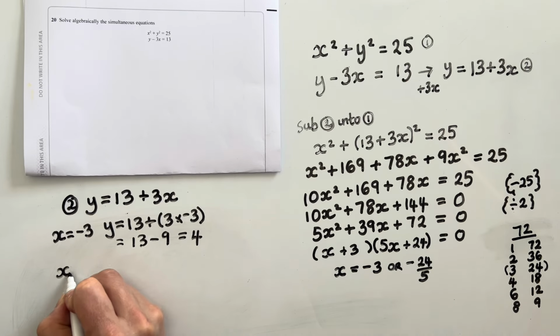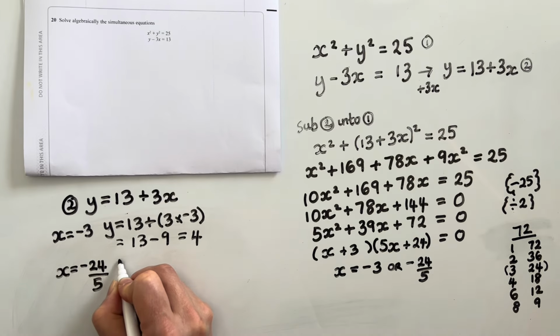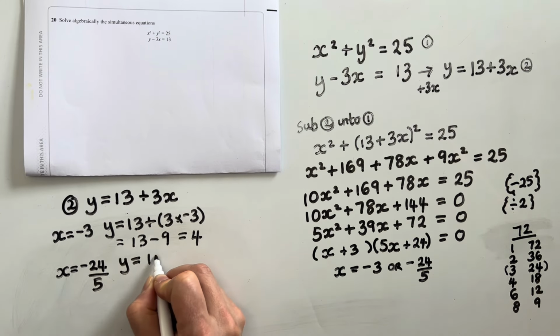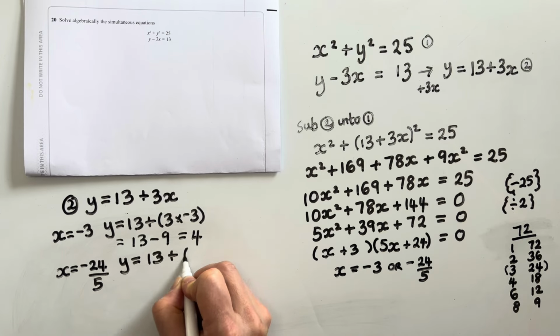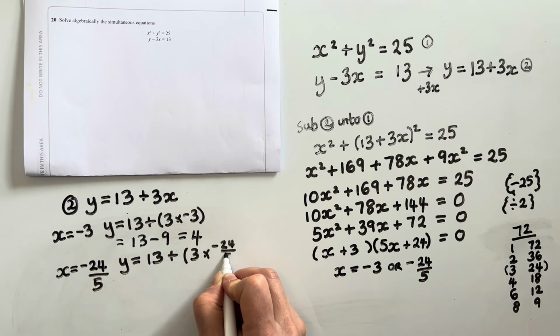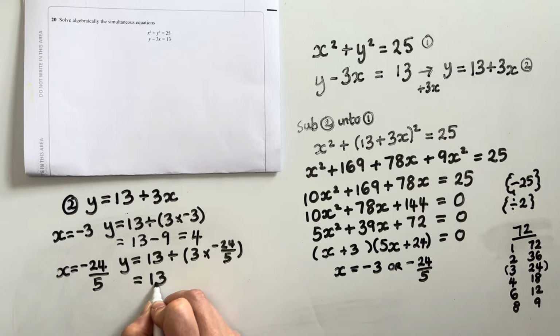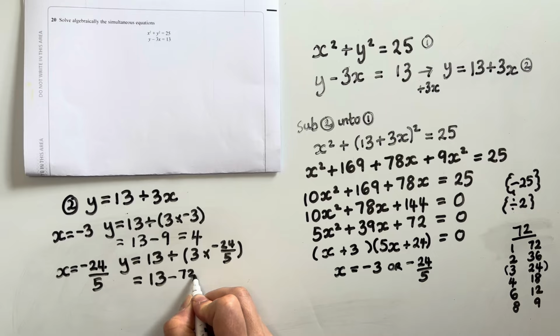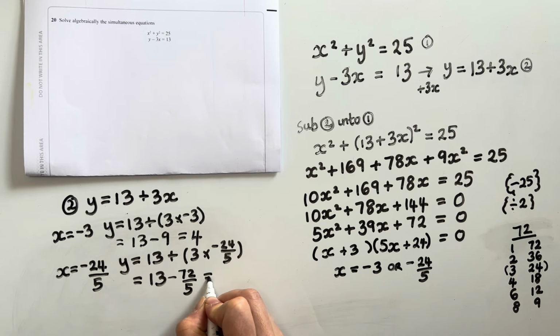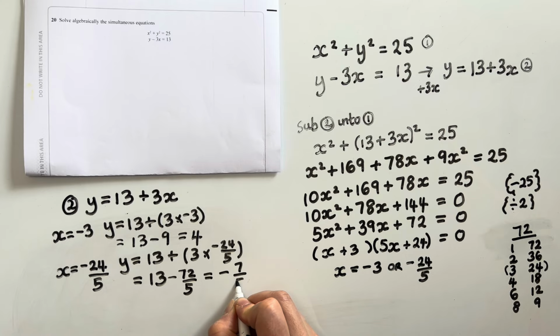And then if we look at x is equal to -24 over 5, we can see that y is equal to 13 plus 3 times -24 over 5, which will equal 13 take away 72 over 5, which equals -7 over 5.